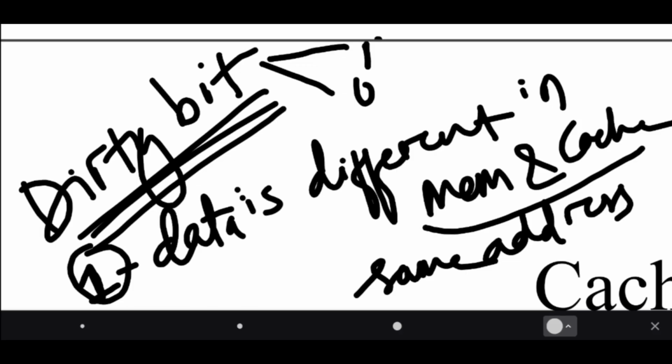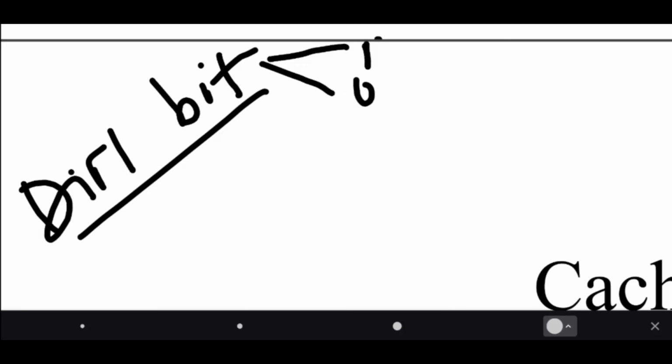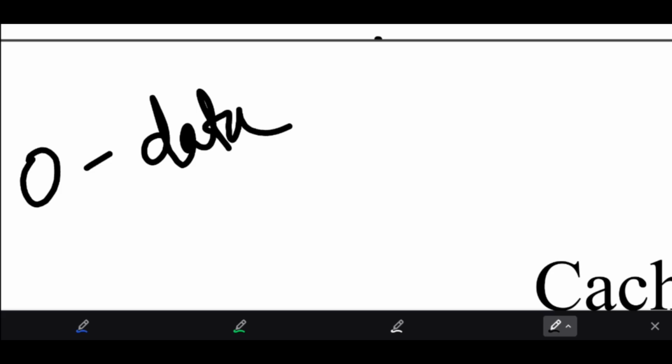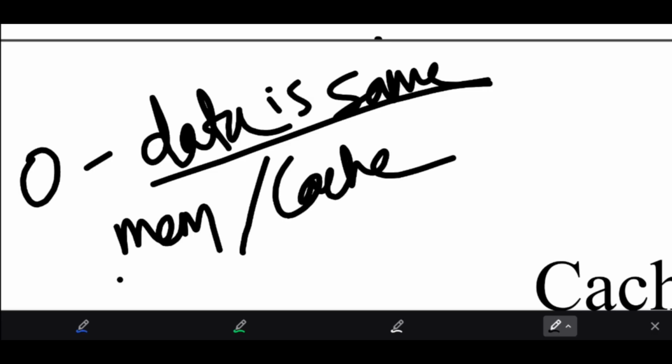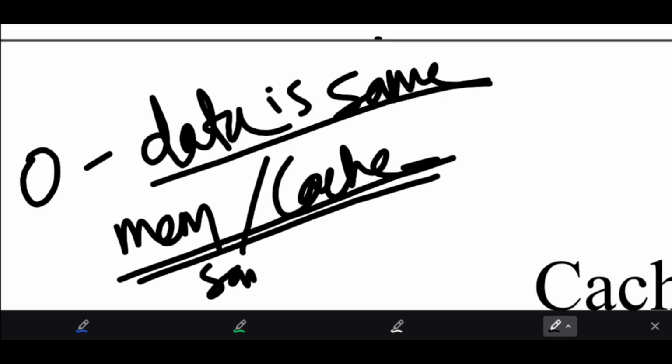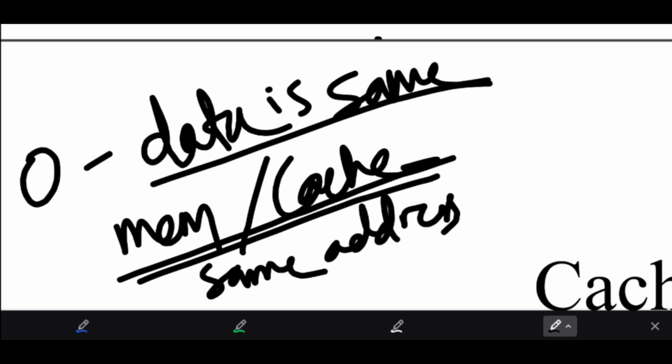While the data bit is 0, what does it mean? 0 means the data is the same in the memory and cache associated with the same address. This is the work of the data bit.